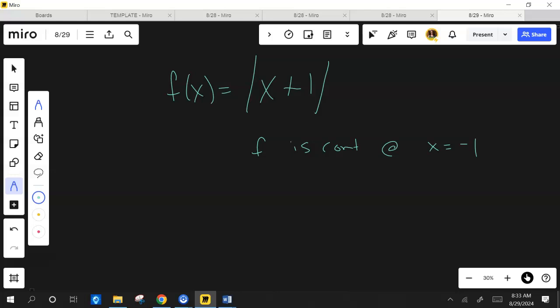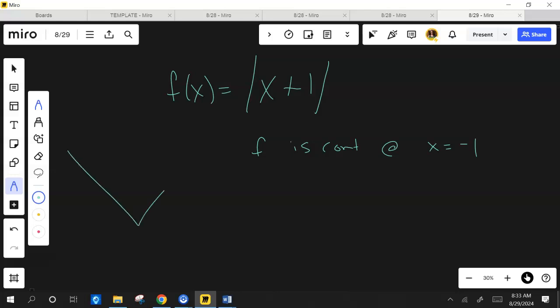Define continuity for me. The limit from the left equals the limit from the right, which equals the function value. It's not differentiable at -1, but it is continuous at -1.